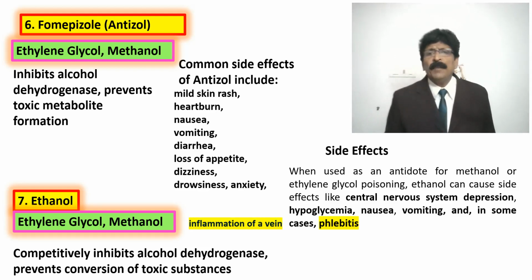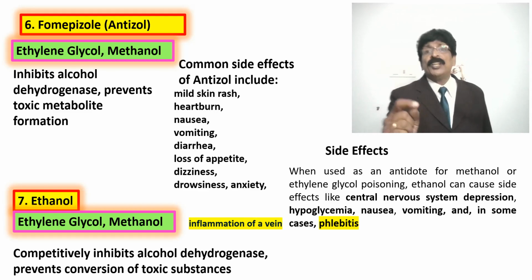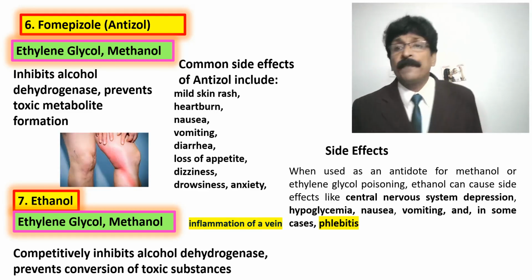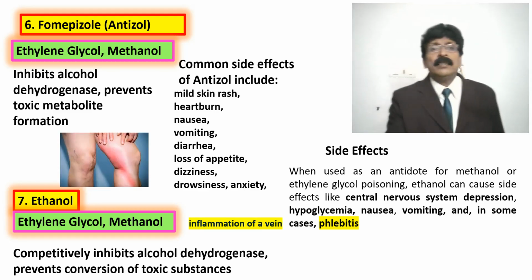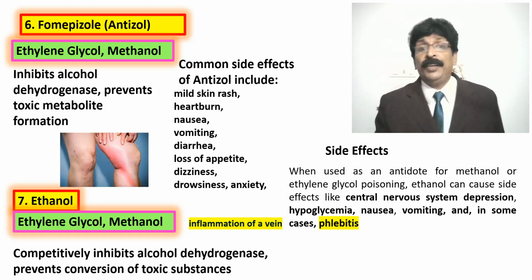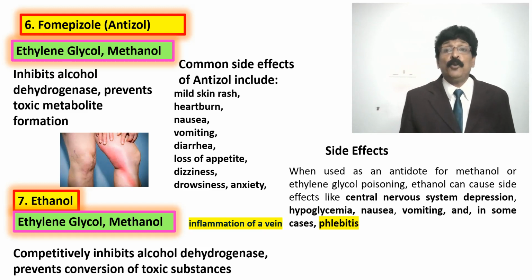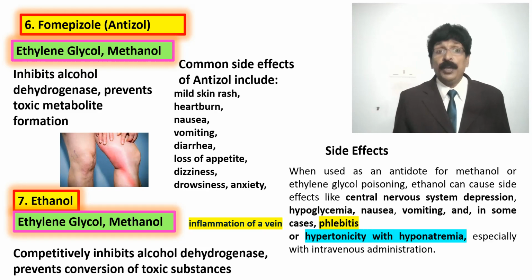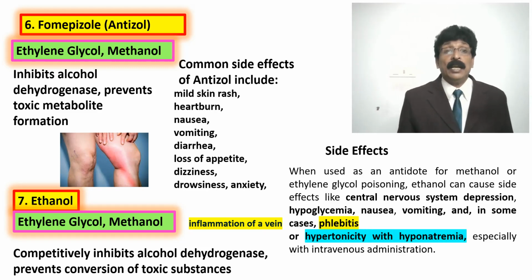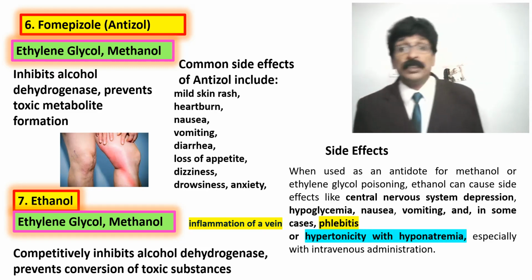What is phlebitis? Inflammation of a vein. You can see the picture in the thigh area down, inflammation of the vein. You can see the redness. This can happen if you are giving ethanol as an antidote when they are poisoned with methanol.